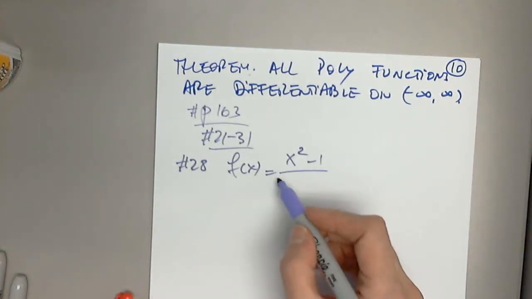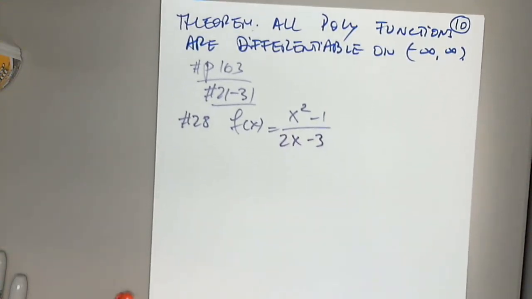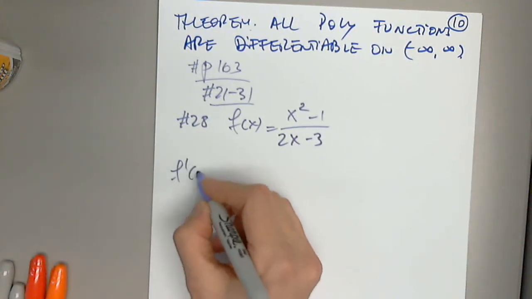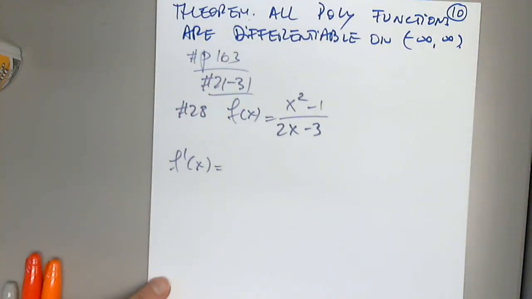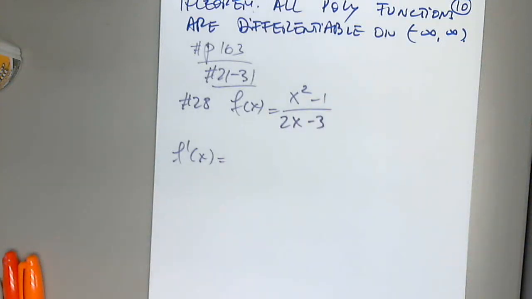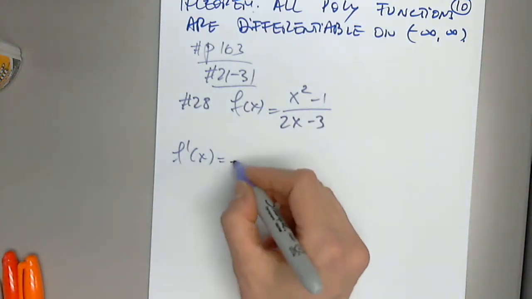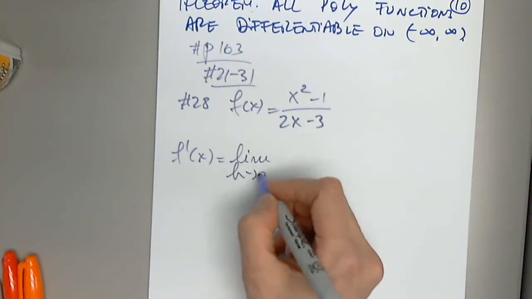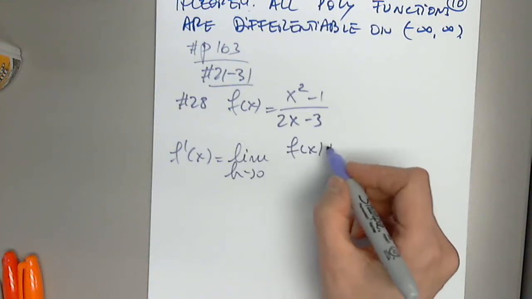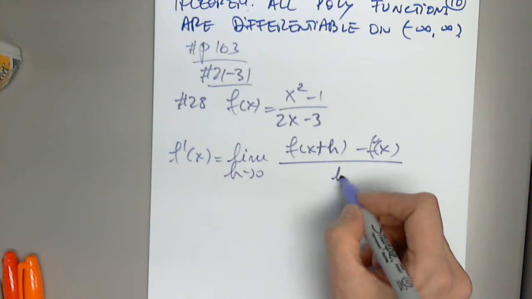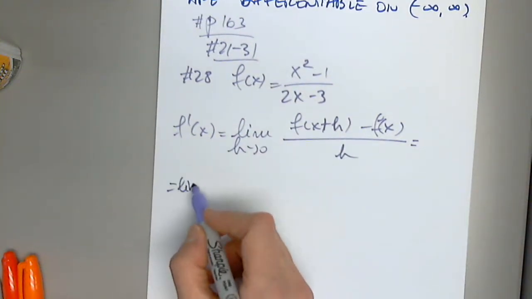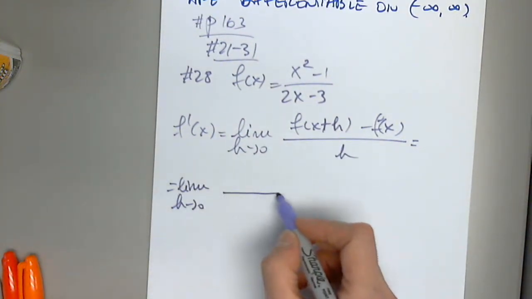over 2x minus 3. Okay, so we want to find f prime for this function. It's going to be a long process, especially because of x squared at the top. So limit as h approaches 0, f of x plus h minus f of x divided by h.